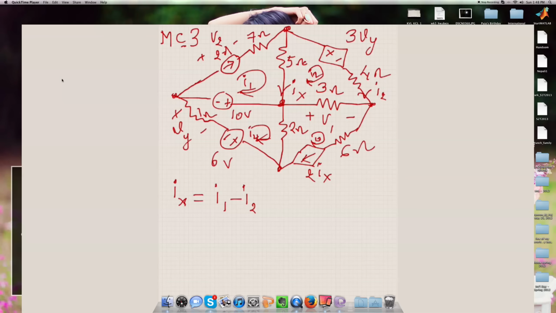What else? We notice that V sub y is the voltage across the resistor of resistance 1 ohm, and the current that's flowing there is I sub 4, but in the opposite direction, meaning V sub y is 1 times minus I sub 4, which is minus I4.